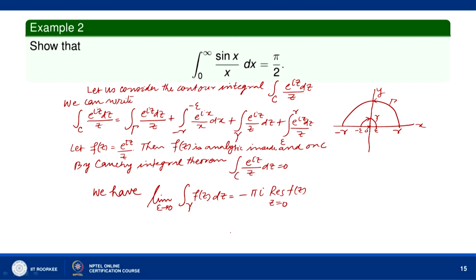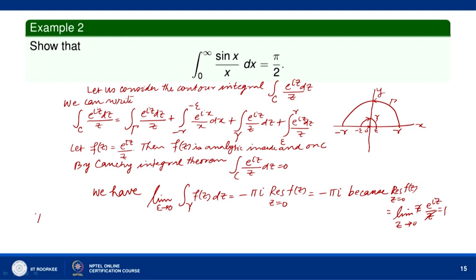That is equal to minus pi i, because the residue of f(z) at z equal to 0 is the limit as z tends to 0 of z times f(z), where f(z) is e to the power i z divided by z. So, this is equal to 1, and the integral is minus pi i.